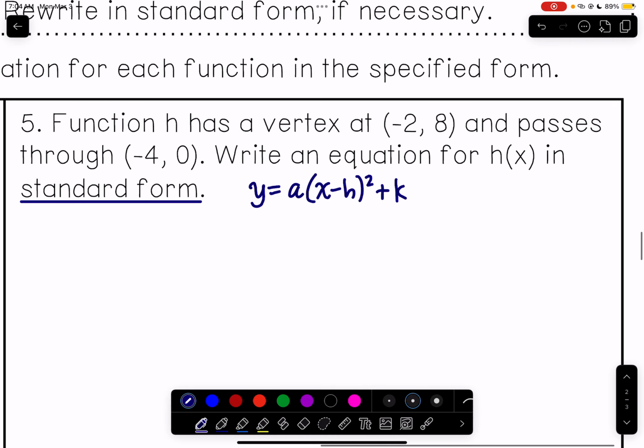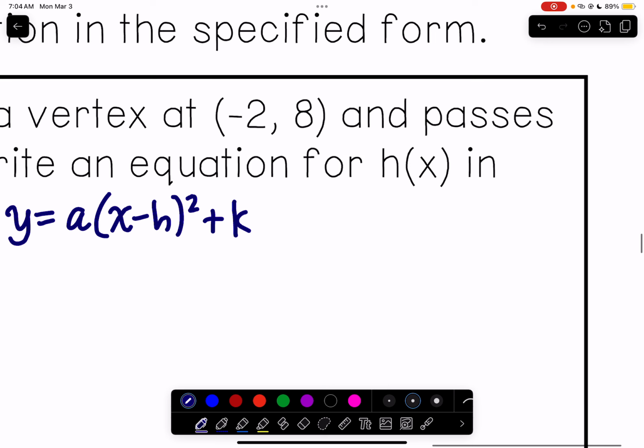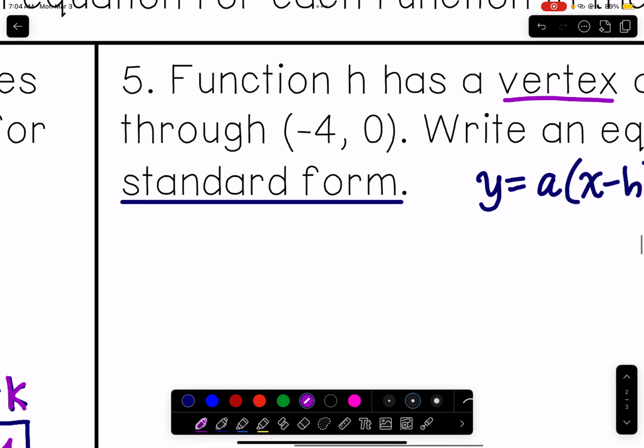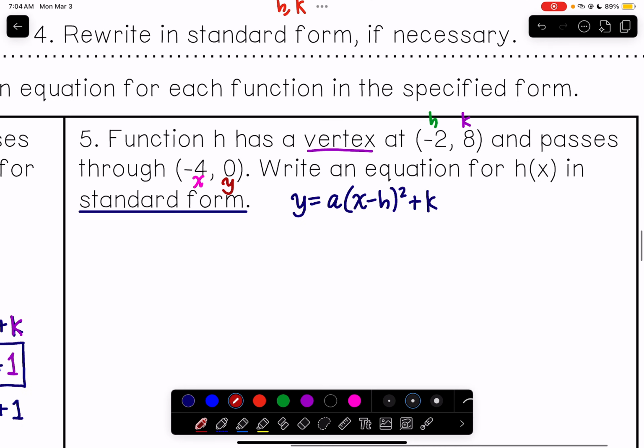The function h has a vertex at -2, 8. Okay, so I got my h, I got my k, because it's my vertex. Passes through the point -4, 0. So got my x, got my y. Okay, so we're gonna plug in what we know, just like last time. Y is 0.